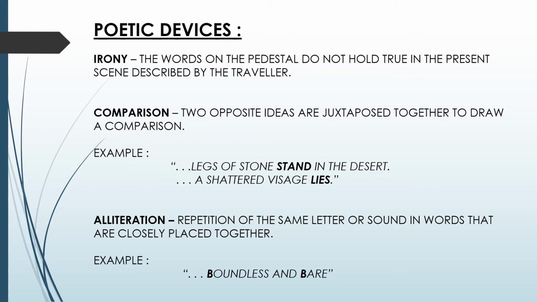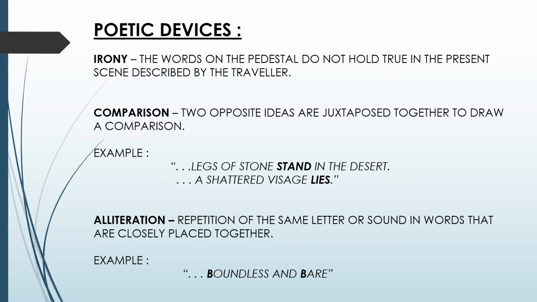It gives an idea of comparison to the readers. So comparison has been used. In fact, while using the poetic device of irony, once again the comparison between nature, man-made things, the transient life of mortals, and the everlasting glory of the Almighty, those things are also compared in the poem.